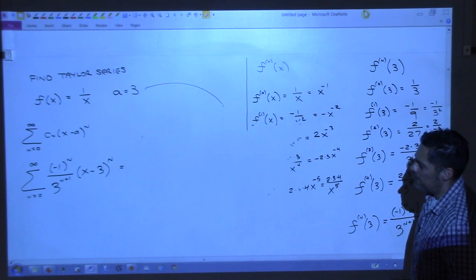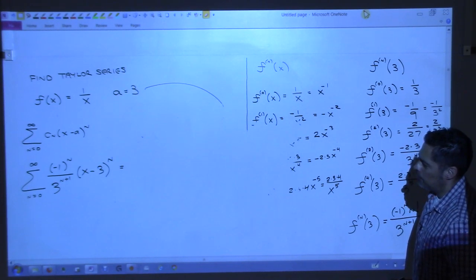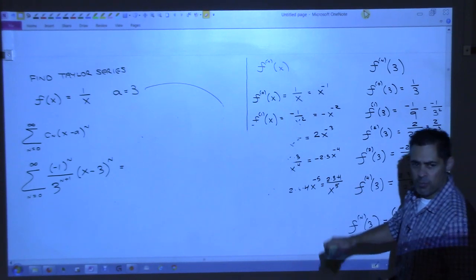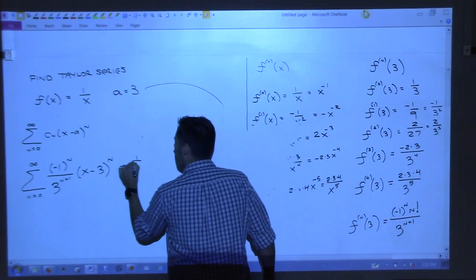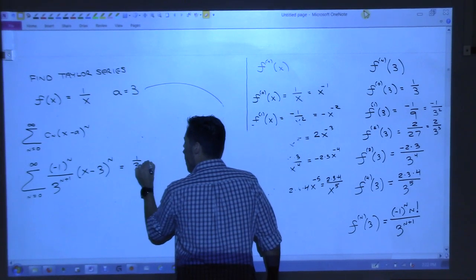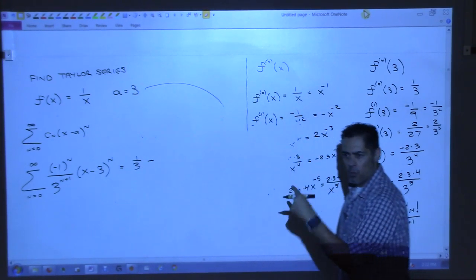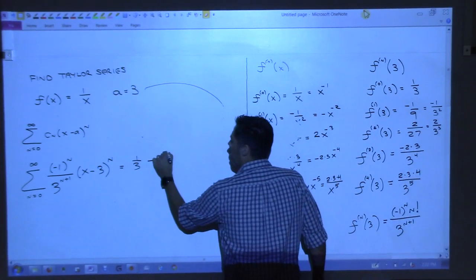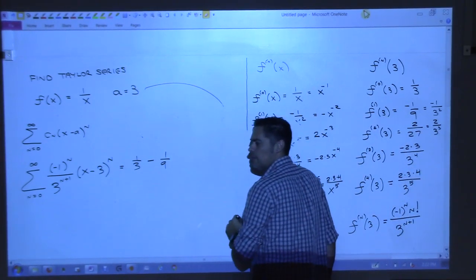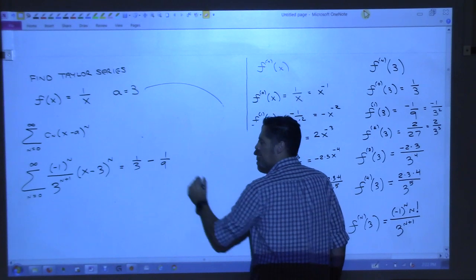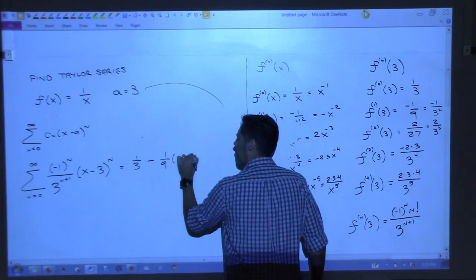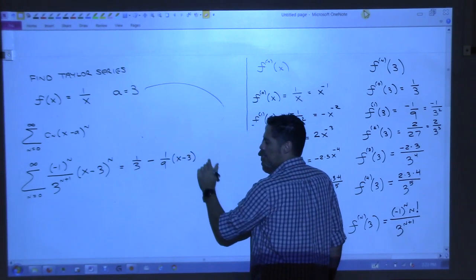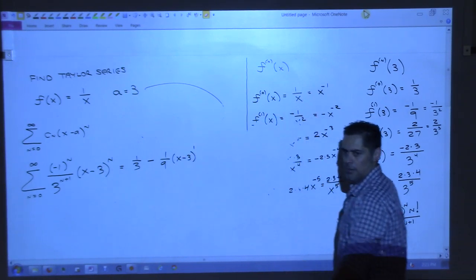One over 3. (x − 3) to the 0 is 1, isn't it? So it's 1/3. Okay, now the next one will be minus, won't it? Because now we're going to plug 1 in. 1/9 times (x − 3) to the first power, right?